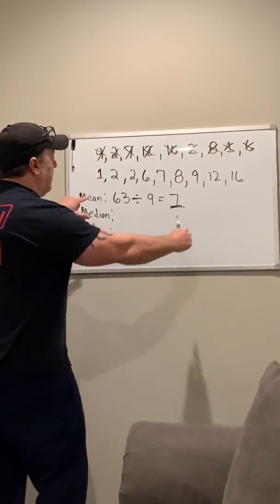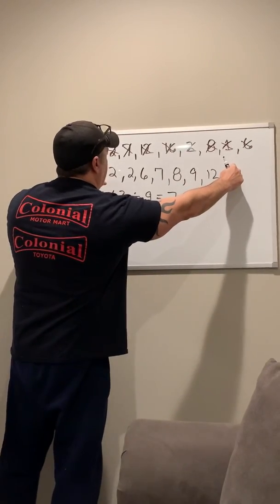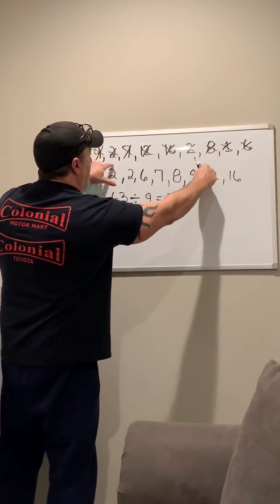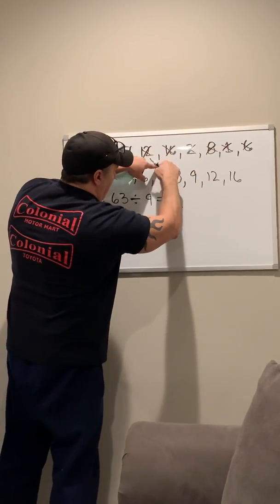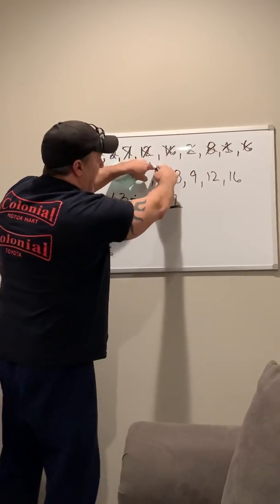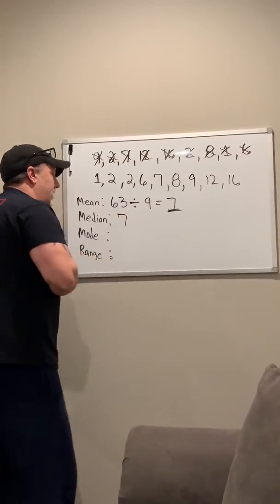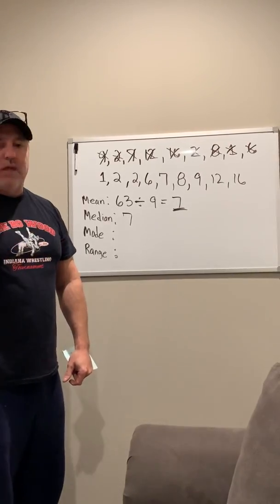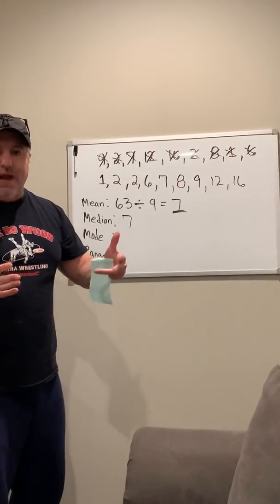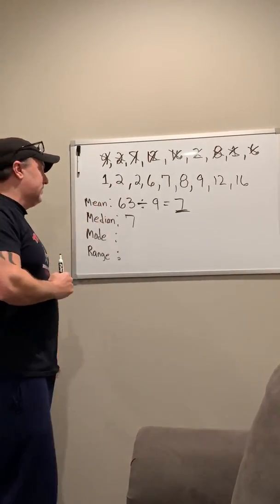When you have 9, you take your fingers, I go like this, and I count inward till my fingers hit the middle number. In this case, both of my fingers landed on 7. That is the median. The median is the center number. Think about the median strip in the middle of the highway. That's the middle of the road. This is the middle for this.